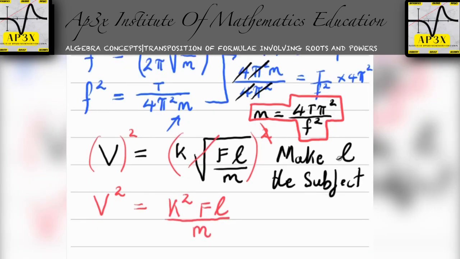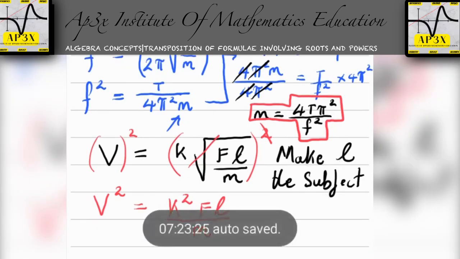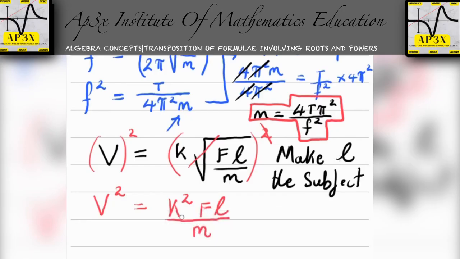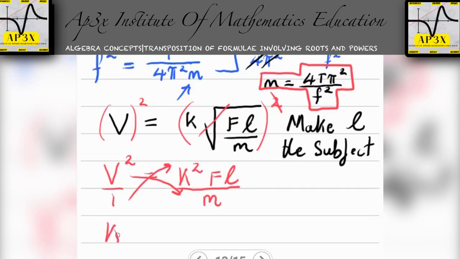And remember, l is the subject, so we're going to cross multiply. We're going to put this over 1, so this comes up here and that goes down there. Start off with this side: 1 multiplied by the numerator gives us obviously the numerator, so that's k squared fl, and then v squared multiplied by m gives us mv squared.